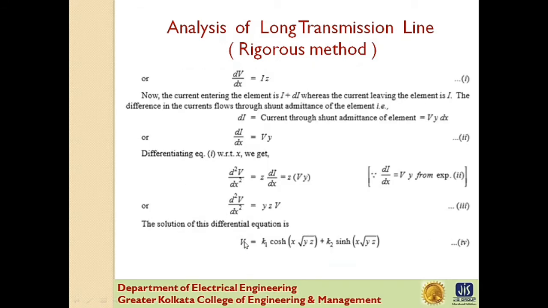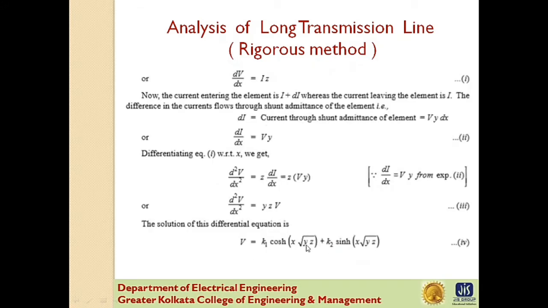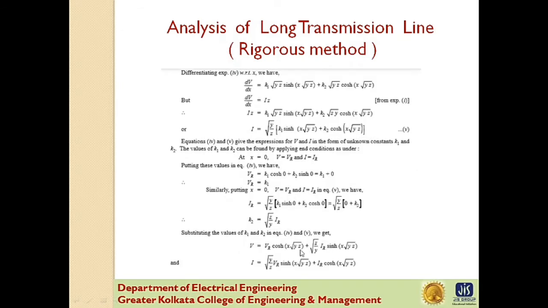So this V becomes VR, the value of k1 is VR. So here VR cosh x root over yz plus the value of k2, root over z by y into IR, and the rest is sinh x root over yz.